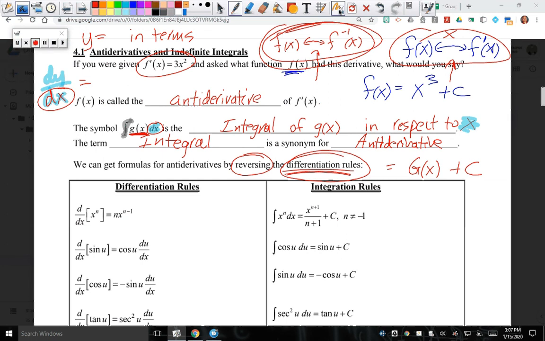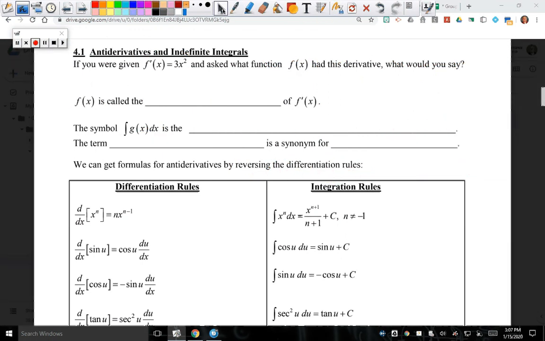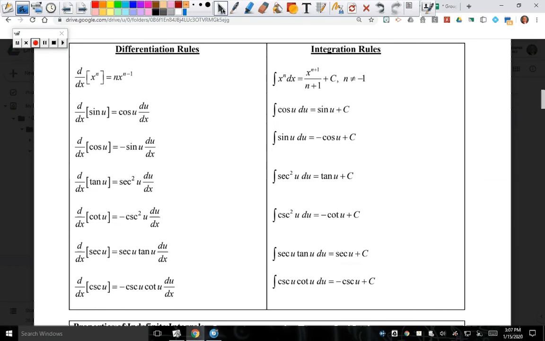You're about to learn these. Please memorize them as fast as you can, hopefully by next class. This right here is the reverse power rule. What we used to do is bring the power in right in front and take away from the power. We multiplied and then we did n minus 1.